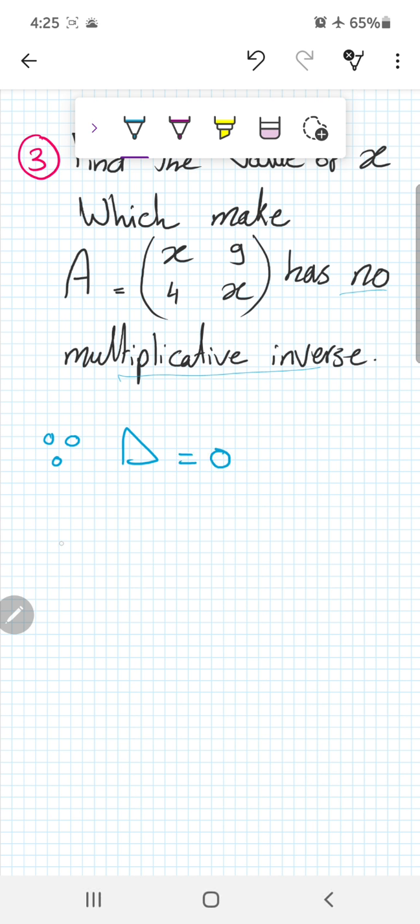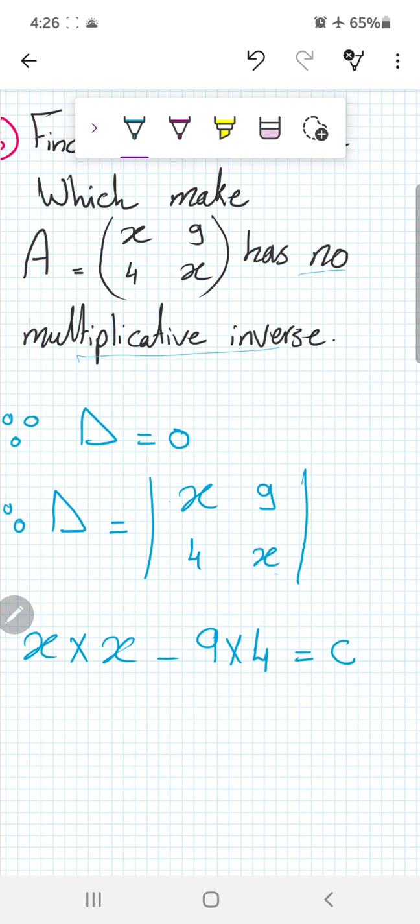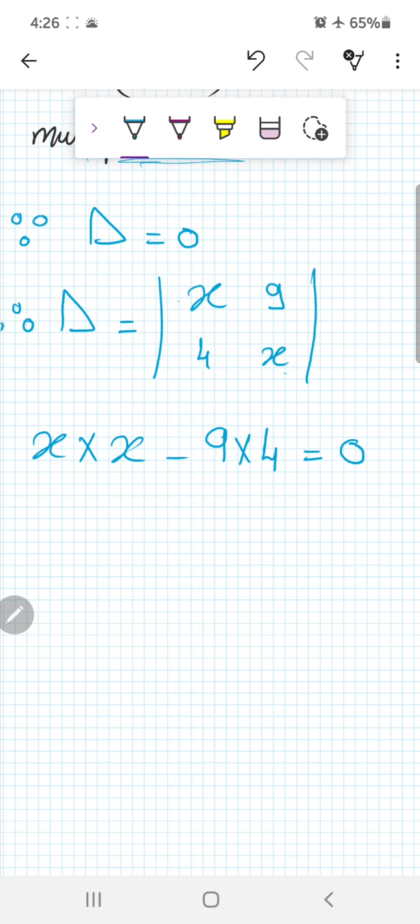Okay, so get the value of delta, which is the determinant of [x 9; 4 x]. X times x minus 4 times 9, or 9 times 4, equals 0. Why? Because here we have no multiplicative inverse. It's an equation.